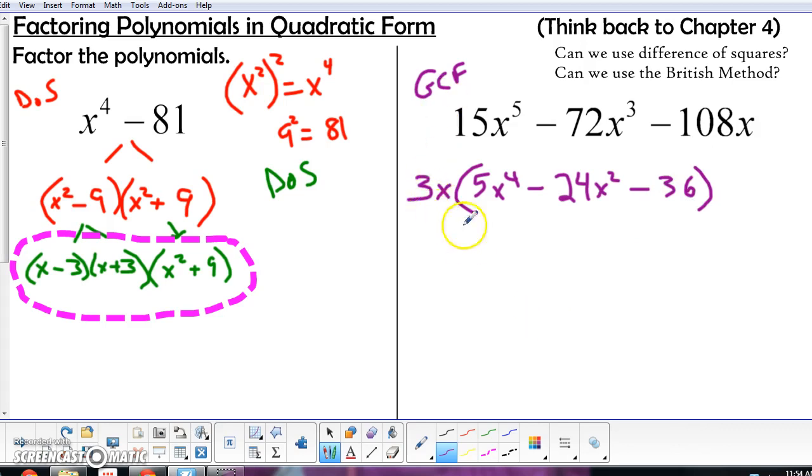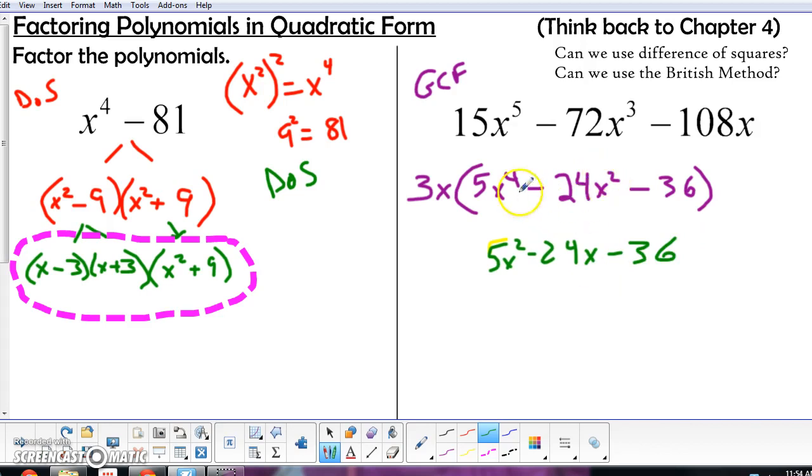So now that I took out the greatest common factor, this looks like something that might be in quadratic form because I have x to the fourth and then x squared and then 36. That'd be as if I had 5x squared minus 24x minus 36.